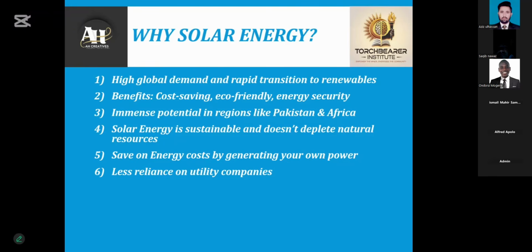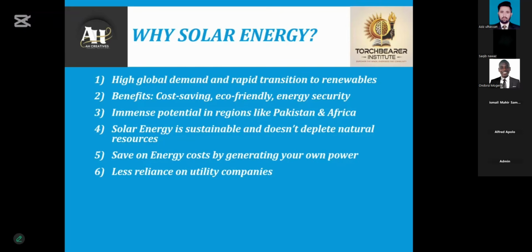The third one is the immense potential in regions like Pakistan and Africa. Solar energy is more abundant in most of the continent. When you talk about geothermal, it may be limited to some places, but solar is available in most parts of the world. So that's the importance of solar energy.